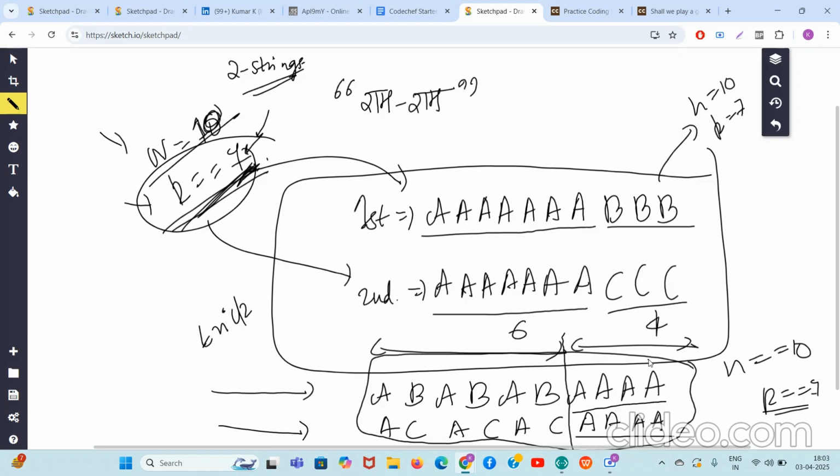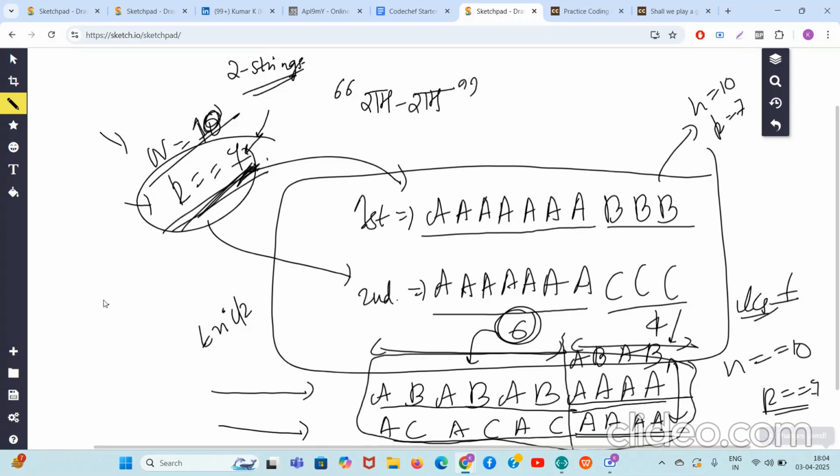Generally, the larger part will always be of this fashion where AB and AC is coming, and the smaller part is where all the equal A's are coming. So if in the smaller part you do AB on both the sides, the LCS does not get affected.